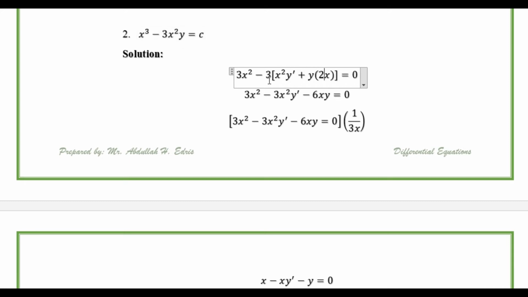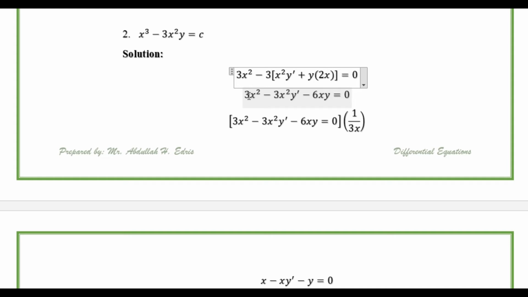Okay, so next you distribute itong 3. Copy 3x squared minus ito, times ito. So we have negative 3x squared y prime. Negative times positive, so negative 3 times 2, 6, and then copy xy. Take note that this equation has a common factor, yung 3x.